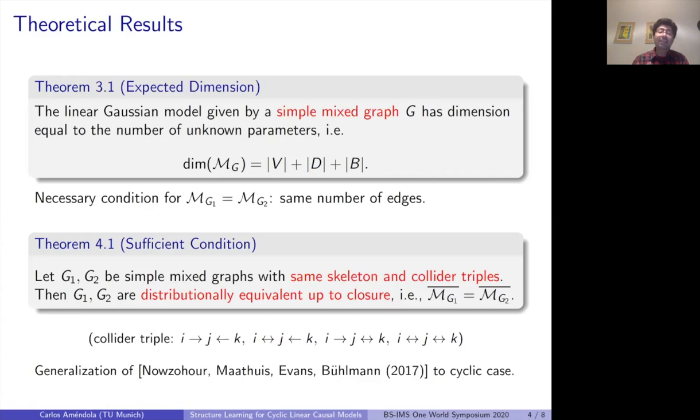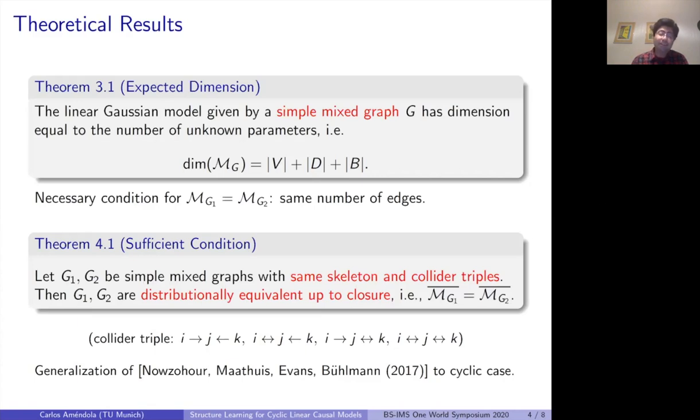This theorem generalizes the sufficient condition for distributional equivalence found by Nowzohour, Maathuis, Evans, and Bühlmann for acyclic path diagrams. That is, they prove that 2 simple acyclic mixed graphs having same skeleton and collider triples must be distributional equivalent.